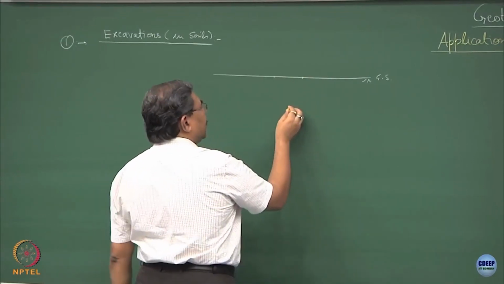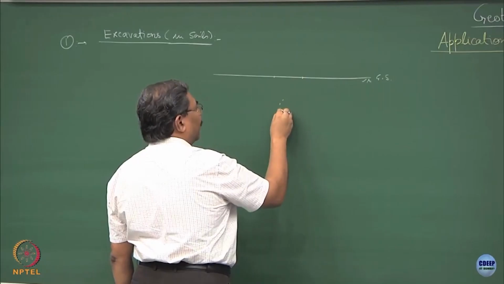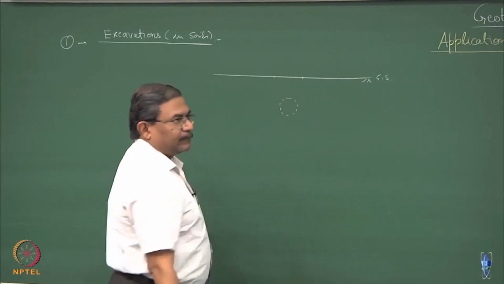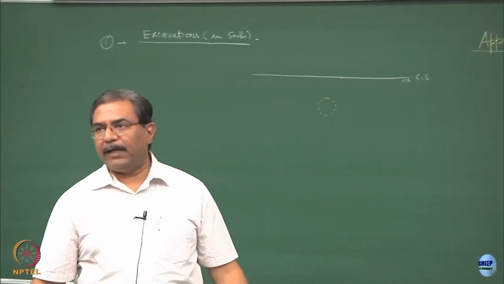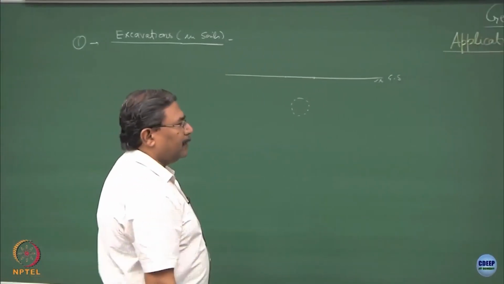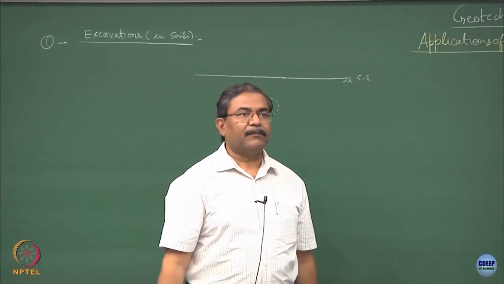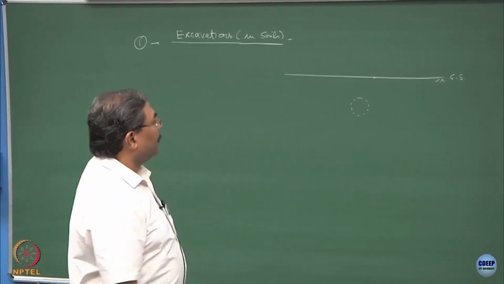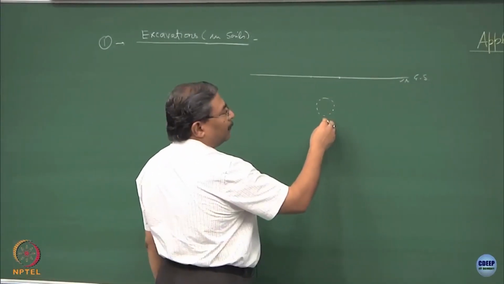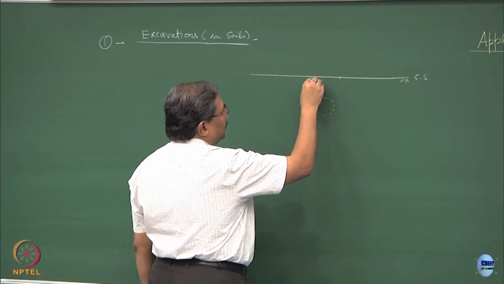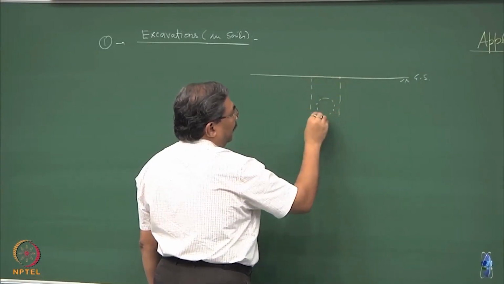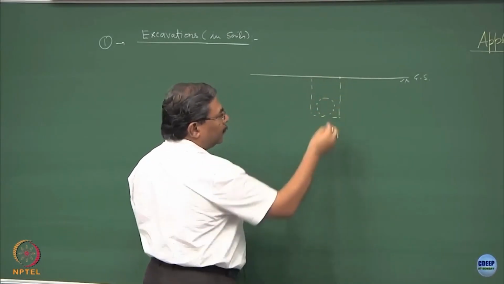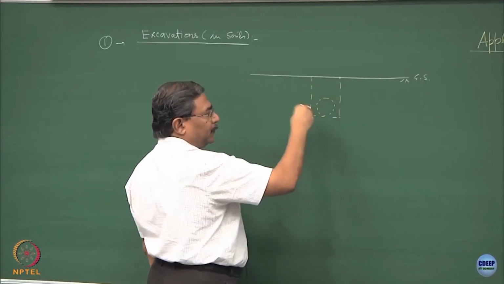The basic intention is, let us say I want to create a tunnel over here which would act like a metro tomorrow, or it could be a buried pipe, your data communication system, fiber optic cables or electrical cables or whatever. If this is the intention, I have to remove this much soil mass and then lay the utility over here or create the space for the utility over here.